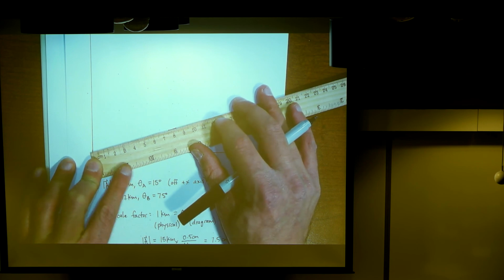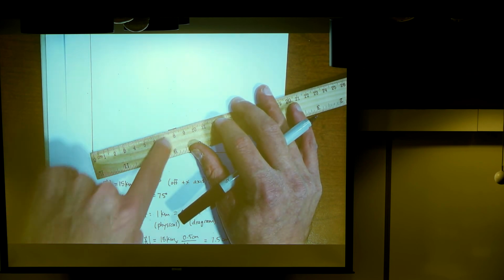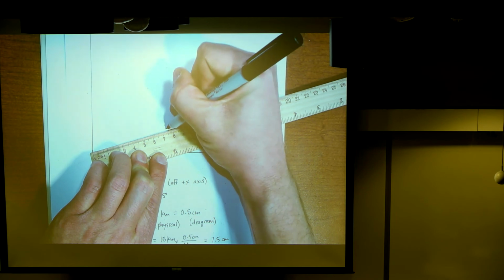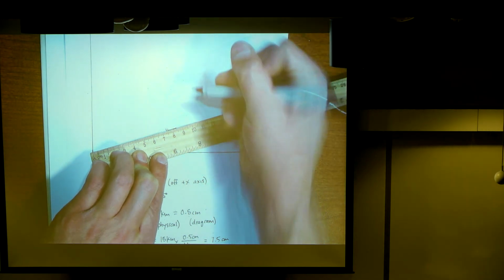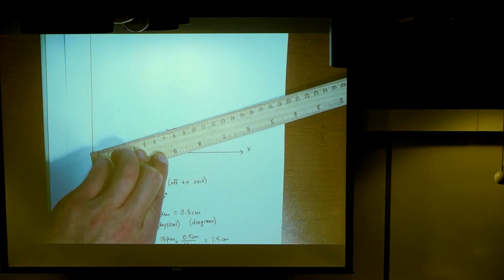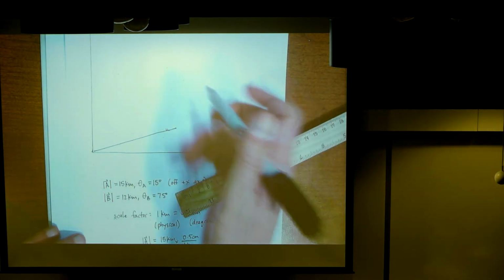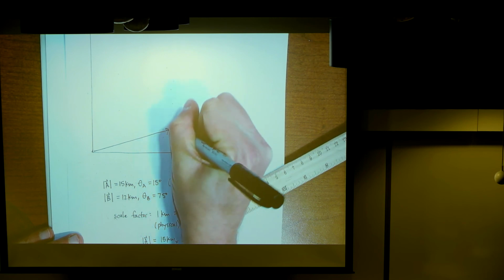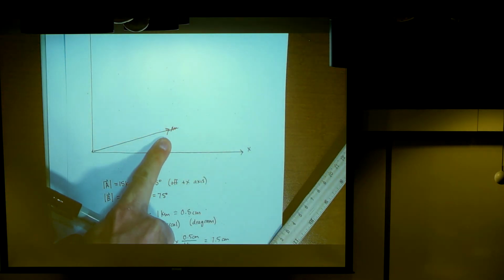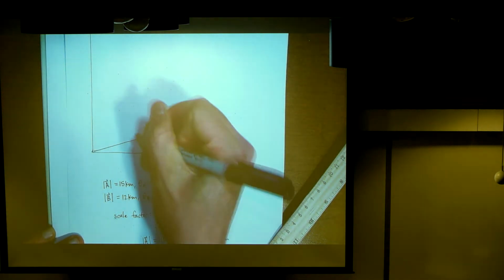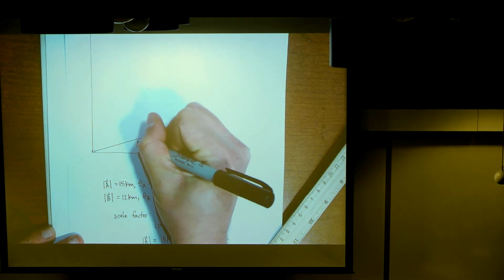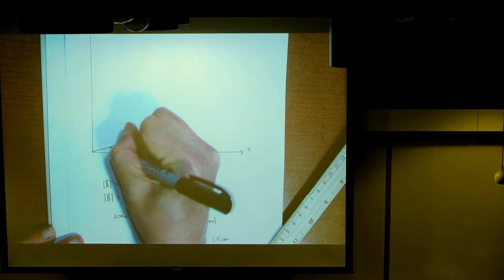So I'm going to take my ruler, start here at the origin, and then end right here at 7.5 centimeters, okay? Okay, that's my first vector. Forget that part. I want it to stop here, right? And that's my vector A. That's our 15-degree angle.